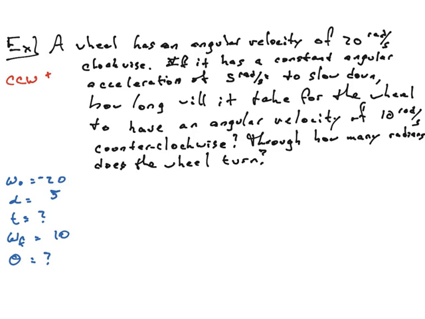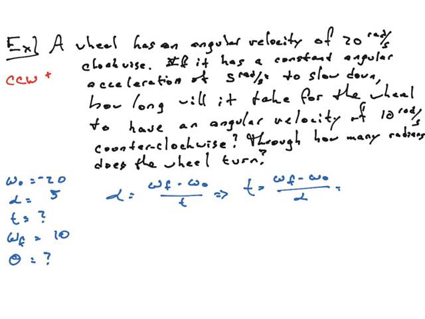I have initial velocity, I have final velocity, I have acceleration, I'm looking for time. That's alpha is omega f minus omega naught over t. I want to solve this for t, so I'll multiply the t over to the left and then divide the alpha back. So t is omega f minus omega naught over alpha.